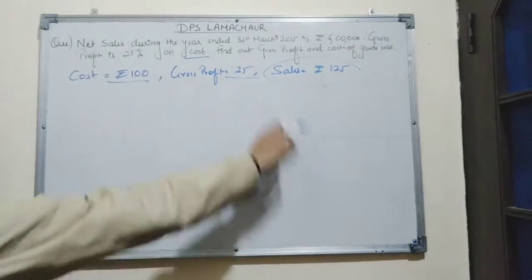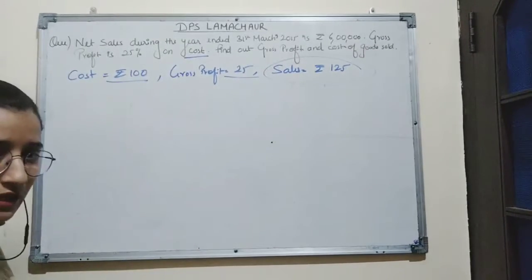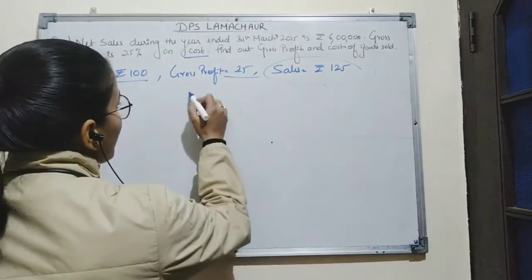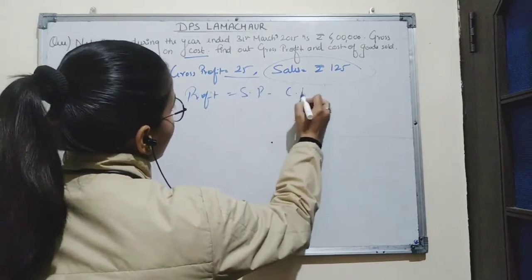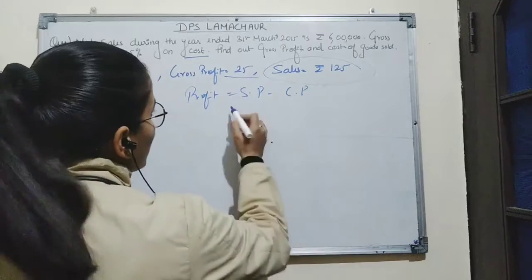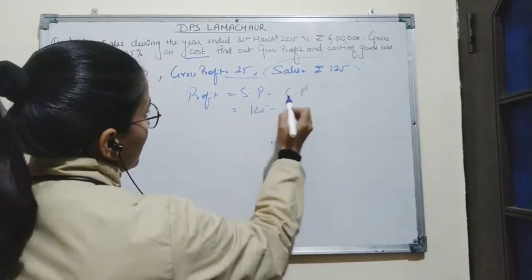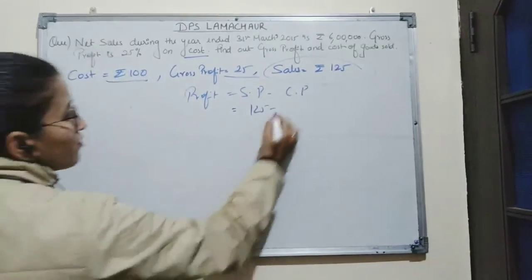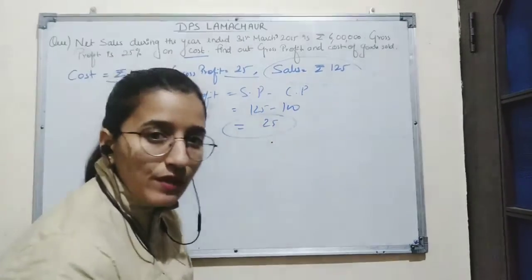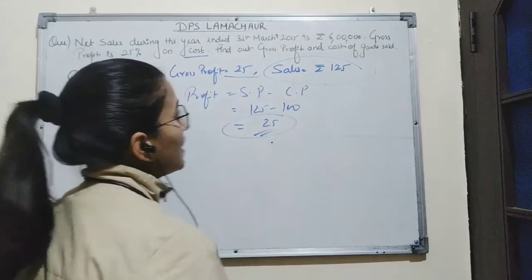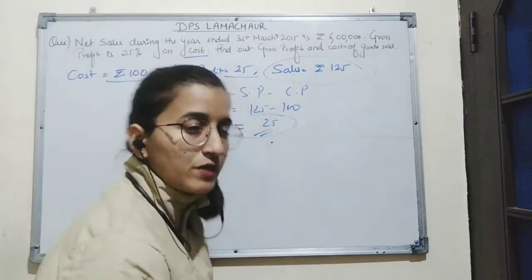As we know, profit is calculated when selling price is greater than cost price. So here selling price is rupees 125 and cost price is rupees 100. So we get the profit of rupees 25 here. That means sale amount will be rupees 125.